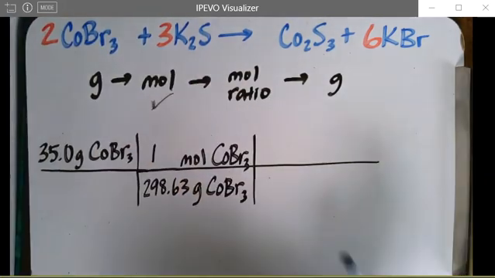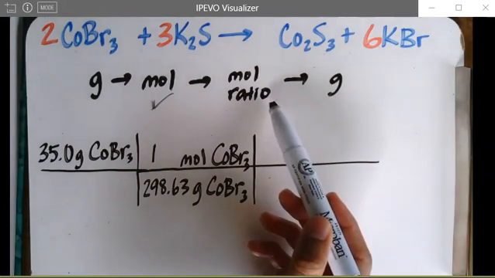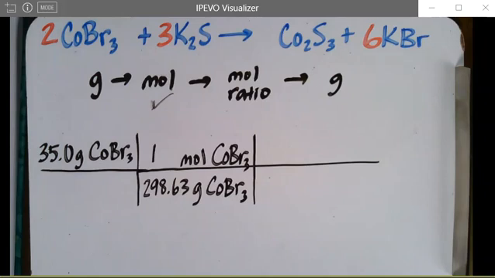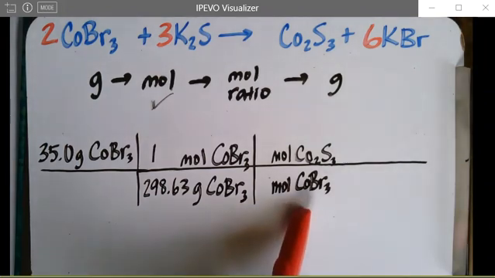The next step now is to convert to moles of our product using the mole ratio. So take a moment to see if you can set up the mole ratio. Did you choose the right compounds for your mole ratio? So we're given grams of cobalt-3 bromide.